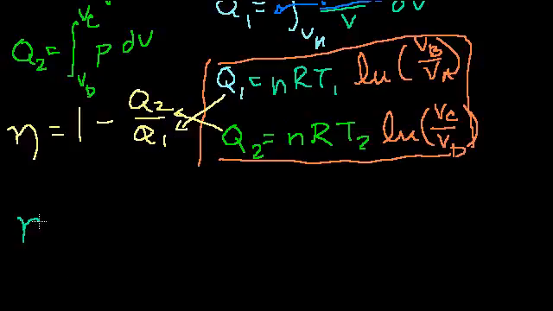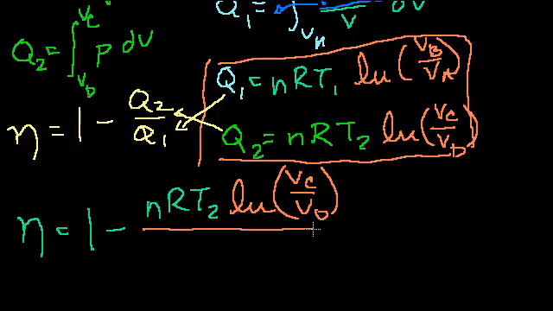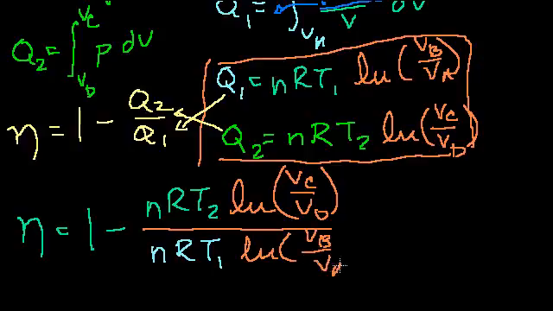You get the efficiency of your engine is equal to 1 minus Q2, which is nRT2 times the natural log of VC over VD, all of that divided by Q1, which is nRT1 times the natural log of VB over VA.